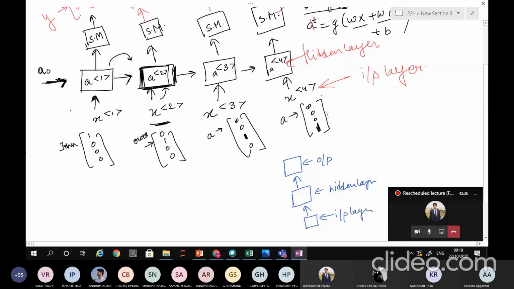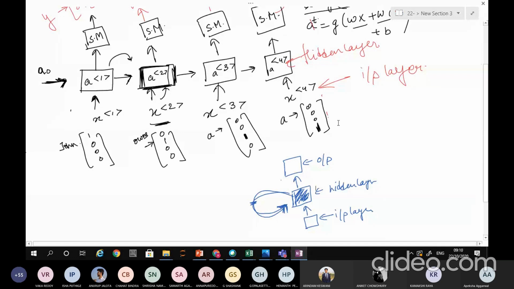This means all the calculations are done at every time step. Whenever this loop is done, time is incremented by 1. So at every next time step, it will do some calculations, take some input, and give some output. This whole network can also be represented like this.